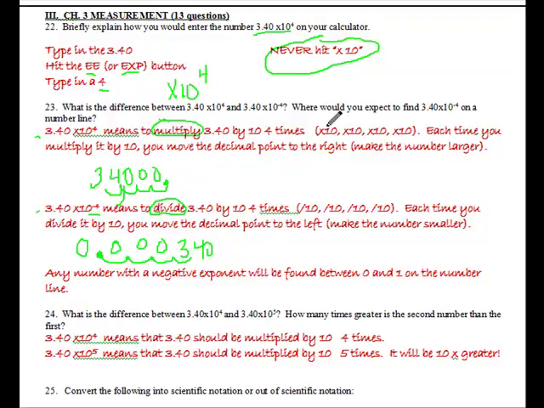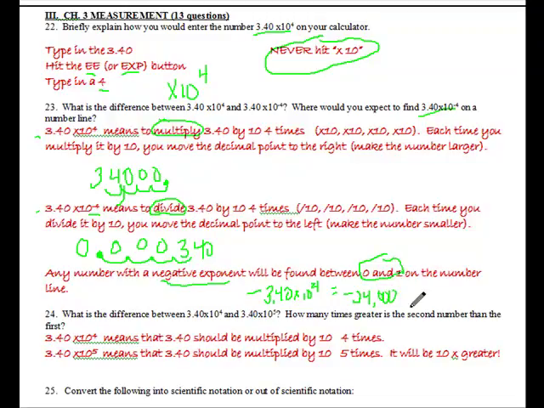And then finally it says, where would you expect to find this number with a negative exponent on a number line? Anytime you have a negative exponent, it's found between 0 and 1 on the number line. The only way to get it on the negative side is if you have a negative number out front. So if this was negative 3.40 times 10 to the fourth, it would end up being negative 34,000.